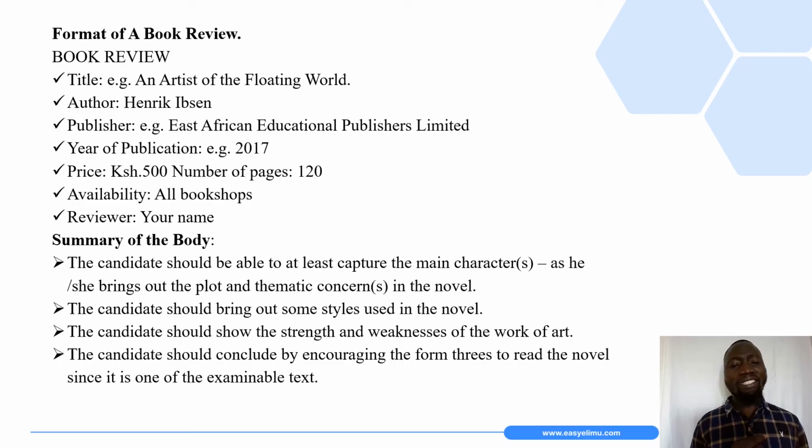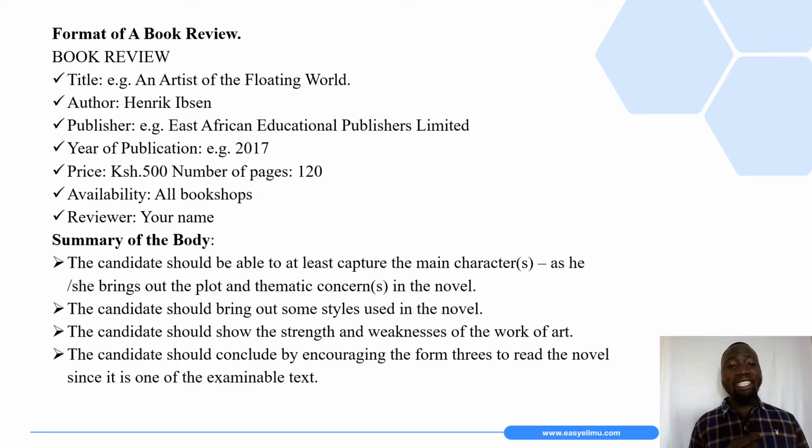So in this case, the price shouldn't be fixed, because we understand there are different outlets with different prices. So we have an example there, Kenya shillings 500. Then after that, you move to the number of pages. So we have also an example there.